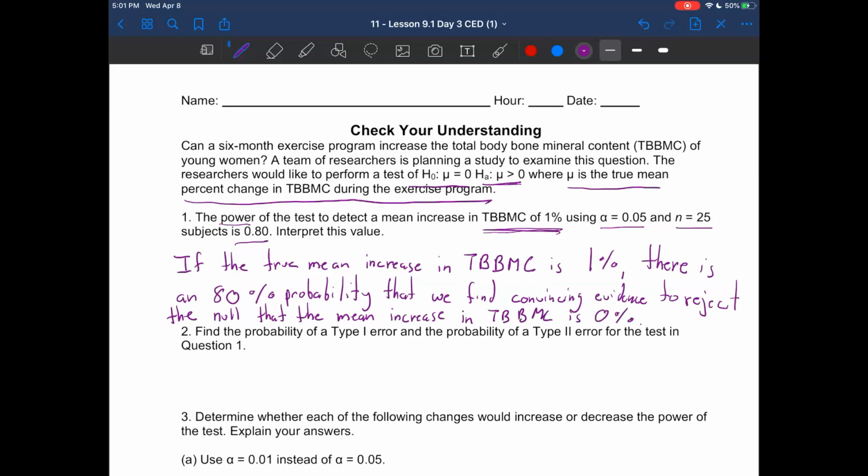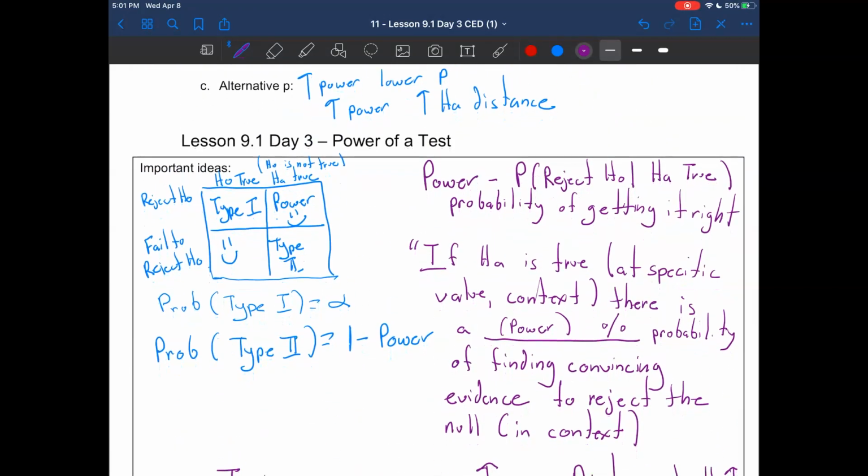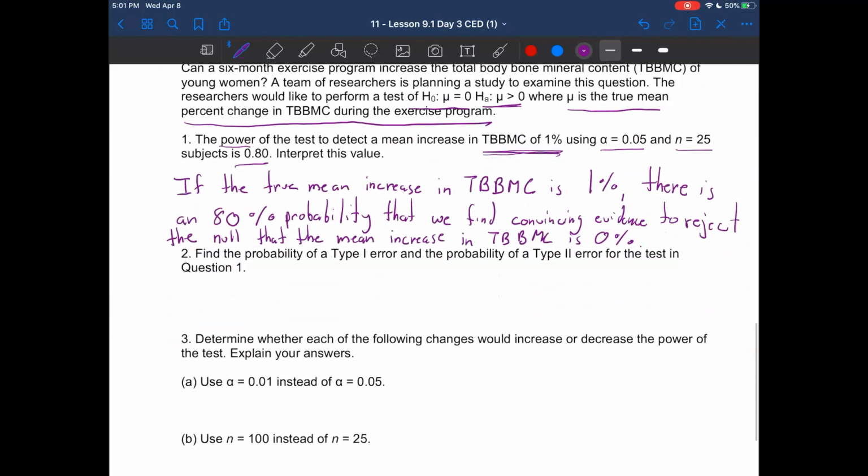Now again, you're going to want to learn this template here for how to interpret your power. You're going to want to learn that.